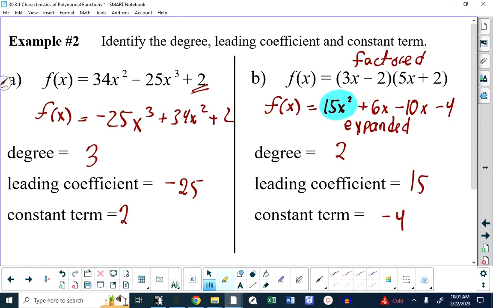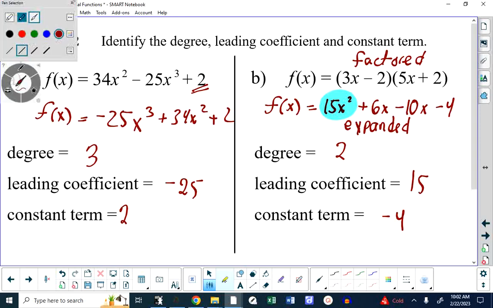And the highest degree term is the highest degree term in the expanded form. That's what we're after. Factored form means you have things multiplied together, factors multiplied together. I want to point out to you that the highest degree term in the expansion is the product of the highest degree terms of each of the factors.